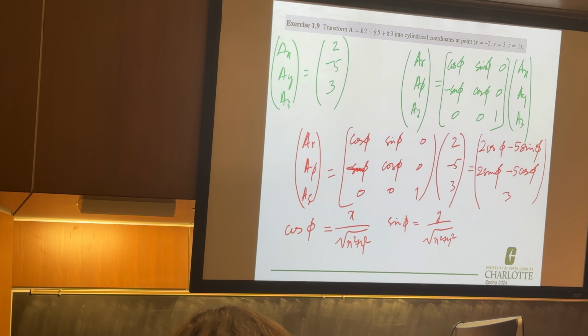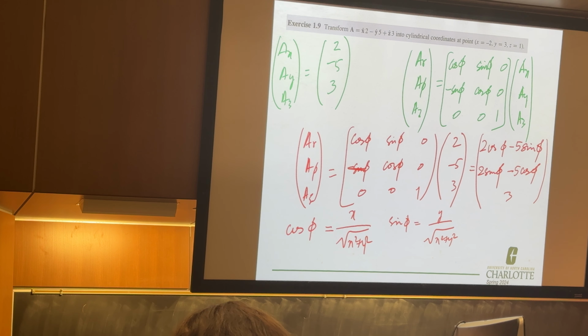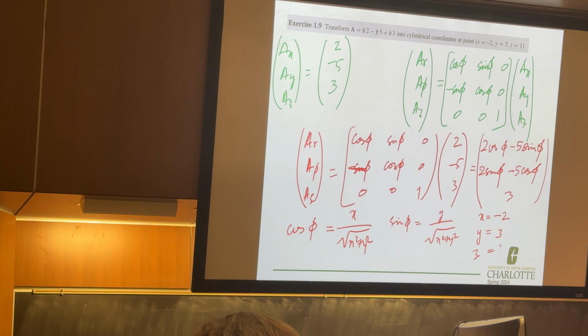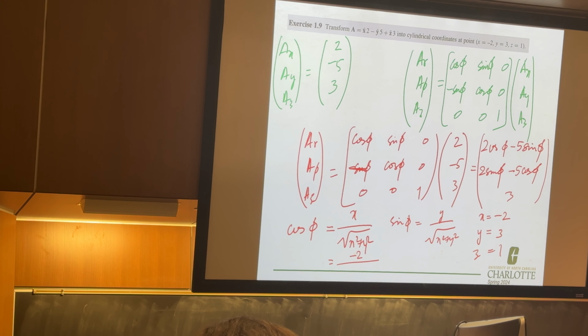What are these values, x and y? That's given by that point, right? So x equals minus 2, y equals 3, and z equals 1. So what's cosine phi now? X is minus 2 divided by square root of x squared plus y squared, which is 4 plus 9.